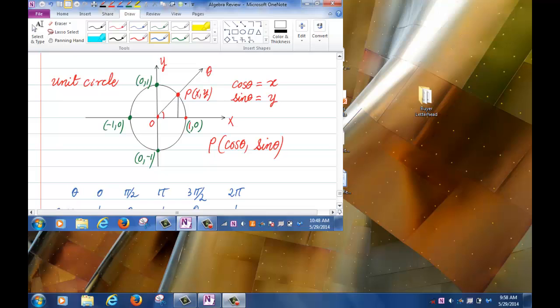So the coordinates of P determine the values. So if alpha and beta have the same terminal side, then the P is the same, so the same x and y, and then the values are the same, right? Am I making sense? If alpha and beta are coterminal angles, then cosine alpha and cosine beta are the same, sine alpha and sine beta are the same.